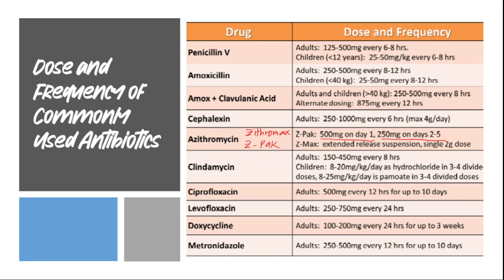It's not like your amoxicillin, which you have to take every 8 to 12 hours or every 6 hours. Azithromycin, this is easy. You take it once a day for 5 days. So that's why sometimes this is a good option for those people who are forgetful, or for those people who would rather have the convenience in taking their medication. Z-Pack.